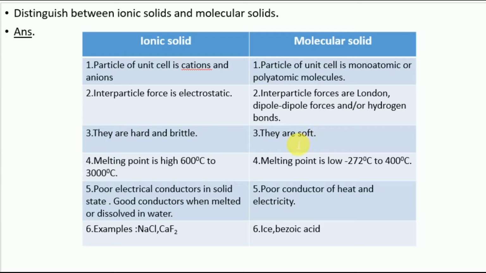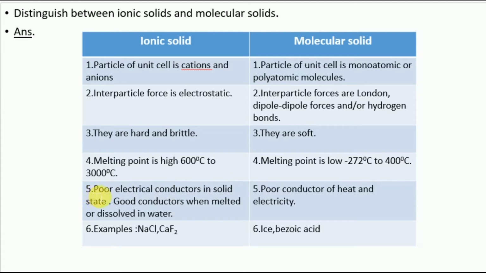On the other hand, molecular solids are soft. Fourth point is, melting point is high, 600 degrees Celsius to 3000 degrees Celsius. And here fourth point is, melting point is low, minus 272 degrees Celsius to 400 degrees Celsius.